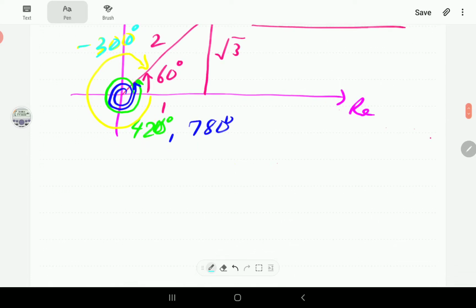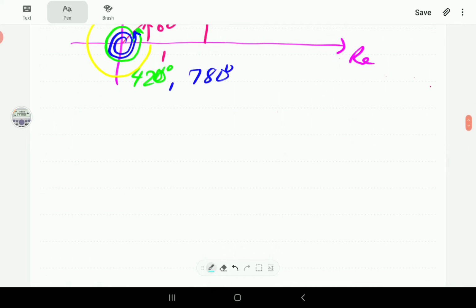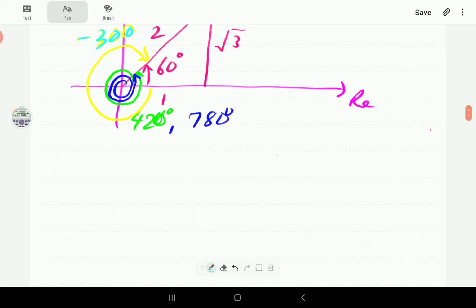We could also rotate once and then stop later. So we're going to have this whole lot of angles, all of which are such that you stop at this terminal side. These angles are called coterminal angles.